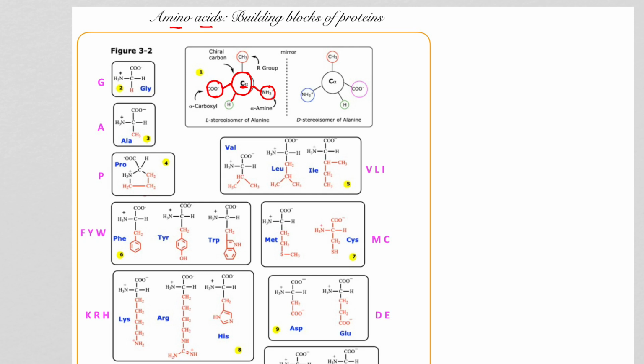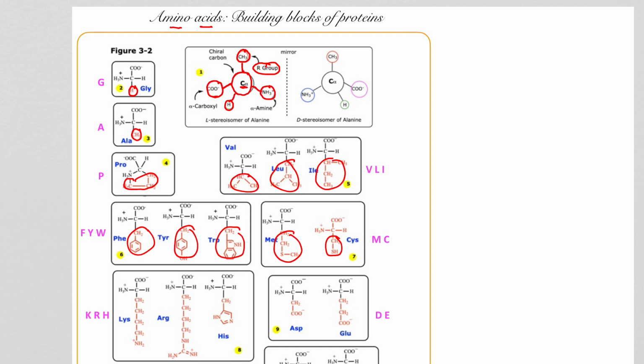And then there is a hydrogen, that's your third group, and the fourth group attached to the alpha carbon can be any group that varies from amino acid to amino acid, and we call this the R group. Okay, so all the amino acids, you can see they have different R groups. The rest of the groups are the same, but the R groups vary from one amino acid to another. Okay, so that's what a typical amino acid is.